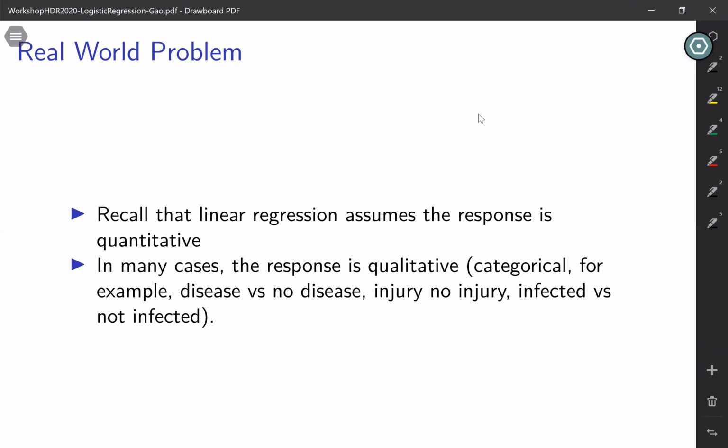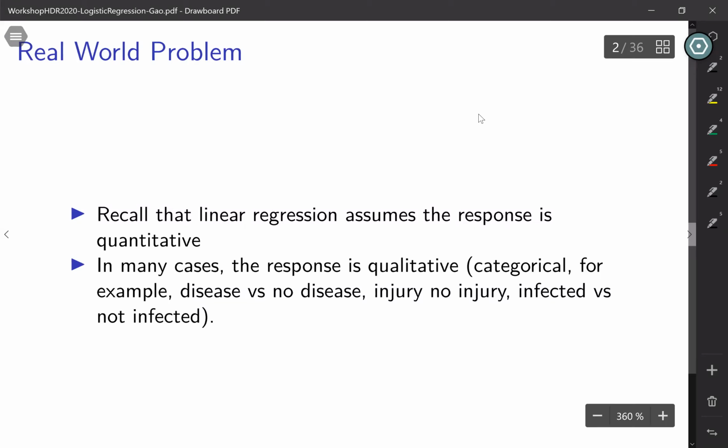And more commonly in the medical field, we would like to use a statistical model to predict disease versus no disease, high blood pressure, no high blood pressure, right? Those kinds of things. So it's very common that the response variable is a binary outcome variable.